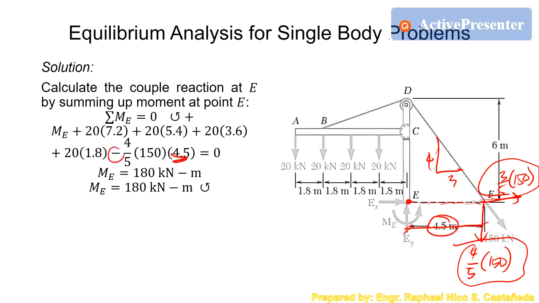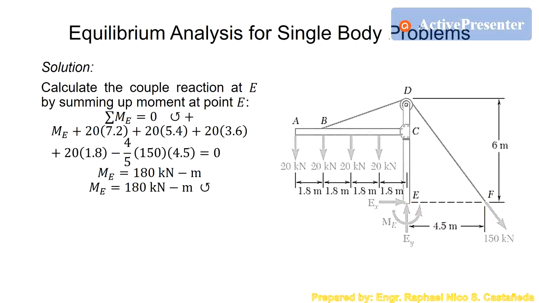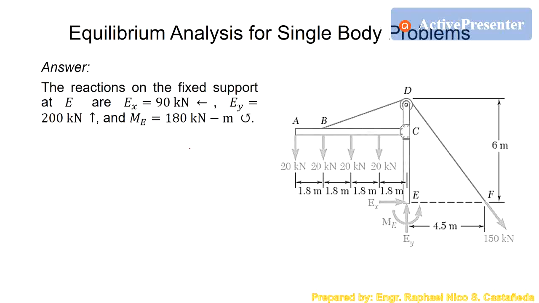It is negative because the effect is clockwise. As you can see, this is downward and its rotation about point E is clockwise. So that is 180 kilonewton meter. Since the answer is positive, we have the correct direction, which is ME counterclockwise. So the answer is this one.